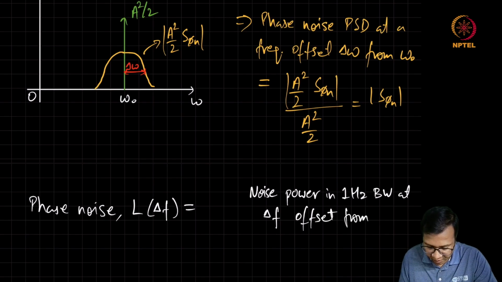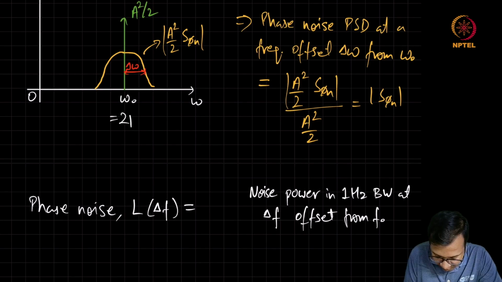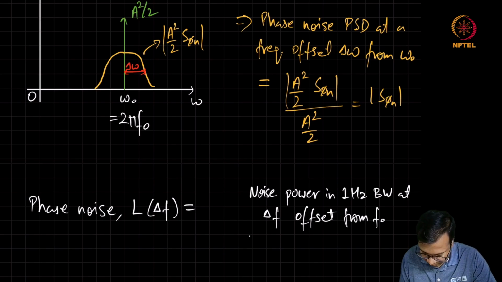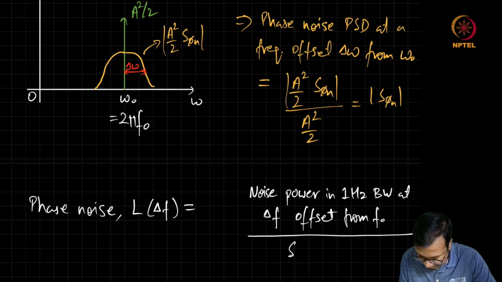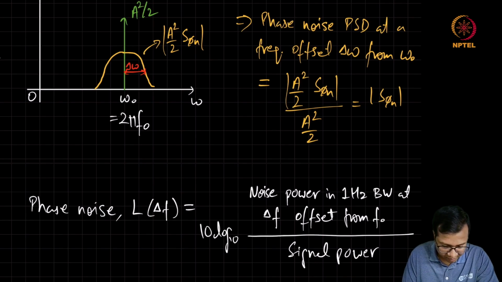We find out the noise power in 1 Hz bandwidth at delta f offset from the carrier frequency, where omega naught equals 2 pi f naught, normalized to the signal power, which in our case is A squared by 2. And then we take 10 log of this ratio to convert into decibel scale.